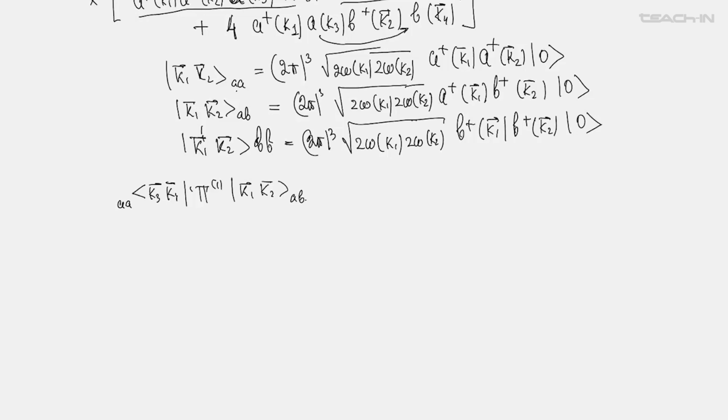So it turns out that this amplitude, this matrix element, will be the same as if you do the sandwich in this operator between BB, k3, k4, T1, k1, k2, BB.